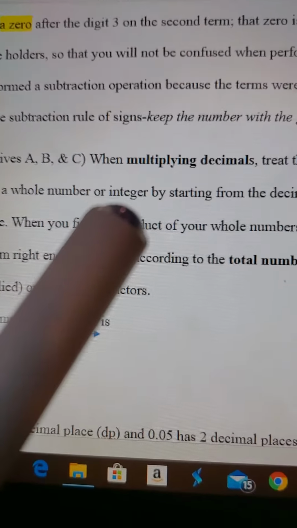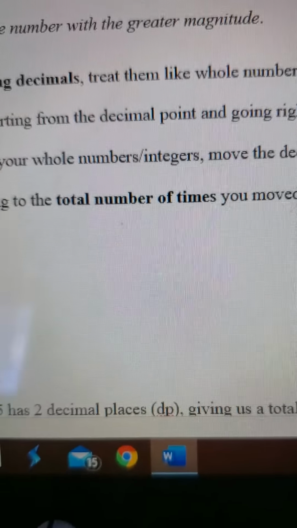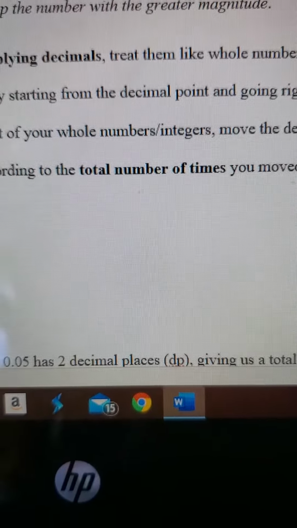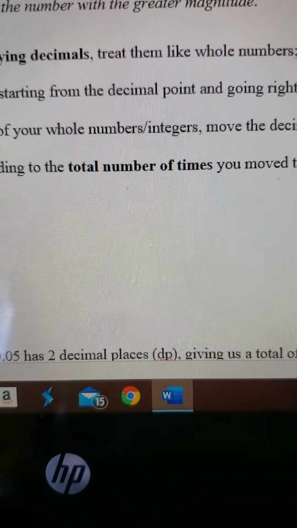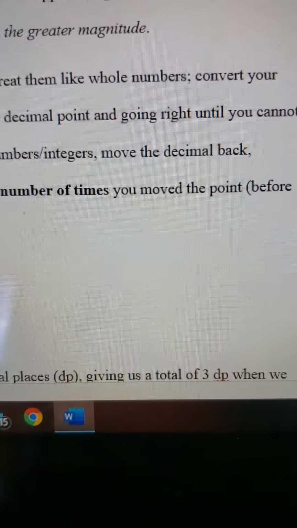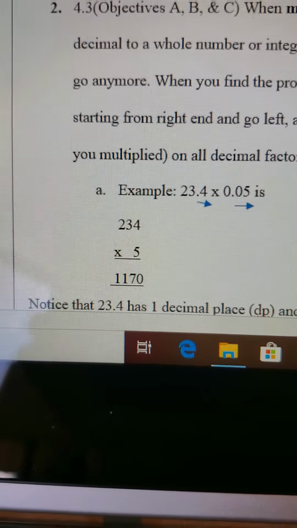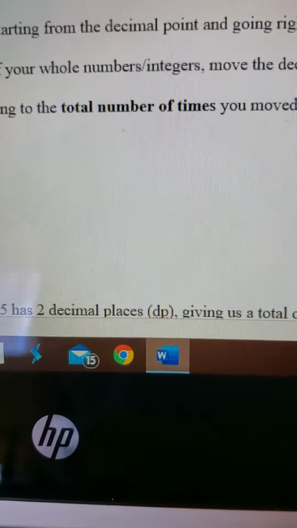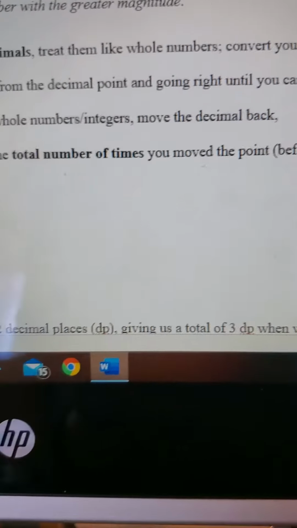Okay? And when you find the product of your whole numbers or integers, and I mention integers because whole numbers are just positives and integers are negative and positive whole numbers, you move the decimal back, starting from the right and going left, according to the total number of times you moved the point.